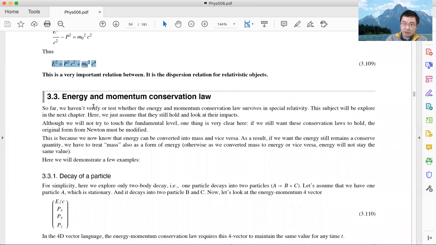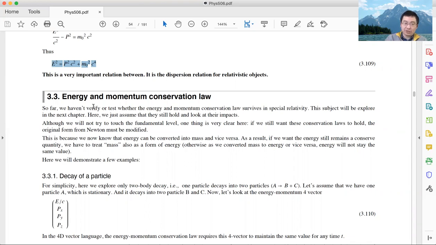That's something we are going to do in the next chapter, chapter 4. So in this section, let's assume the energy and momentum conservation law still survives, and ask what will be the consequence.